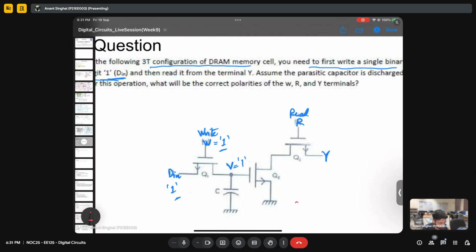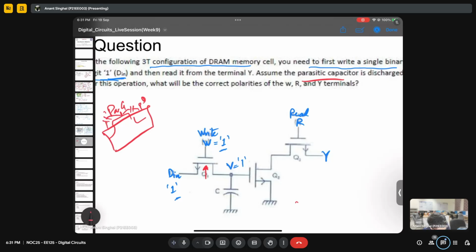What is the parasitic capacitor discharge? A parasitic capacitor is the capacitance inside the transistor. I don't want to go very deep, but if you see a MOS transistor, with the gate terminal, drain and source, there is capacitance between them, CGD and CGS.